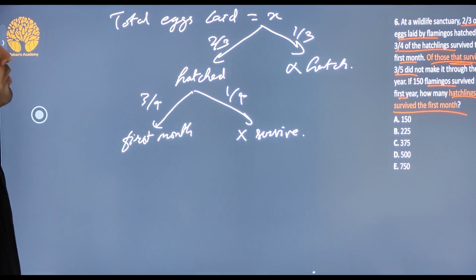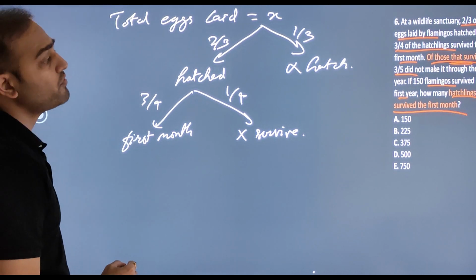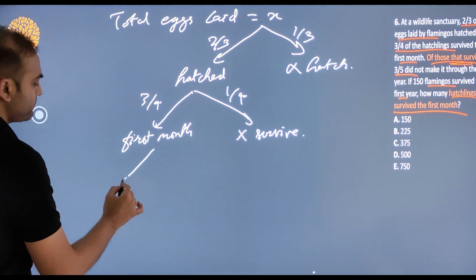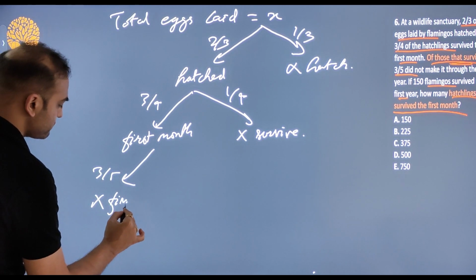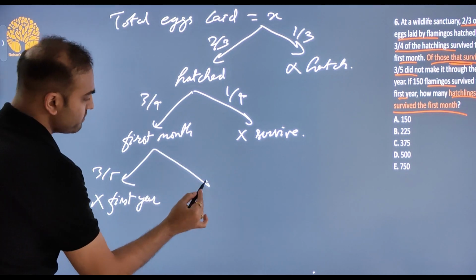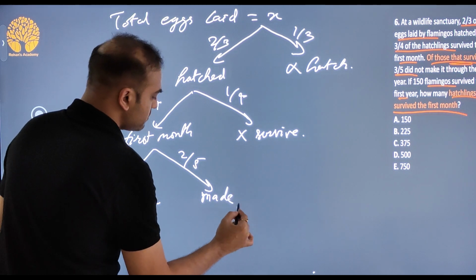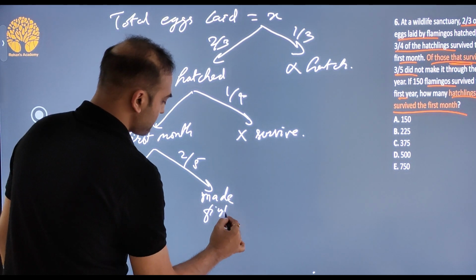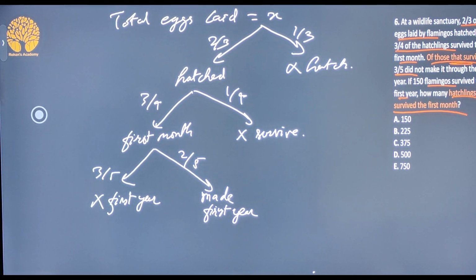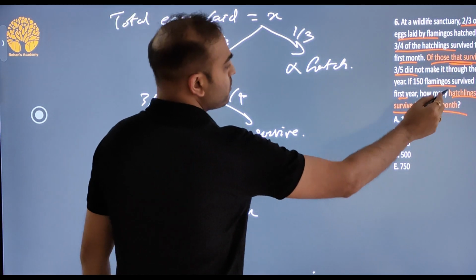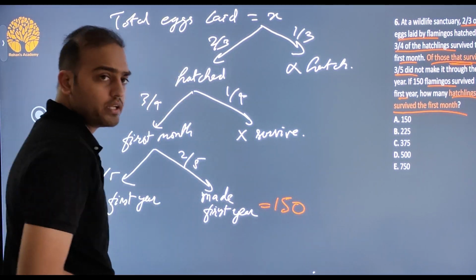Now of those that survived, 3/5 did not make it through the first year, which means 2/5 made it through the first year. If 150 flamingos survived the first year, so this, my friends, this is 150.